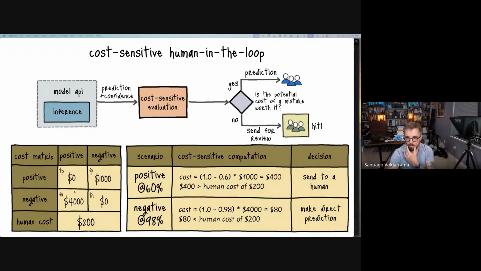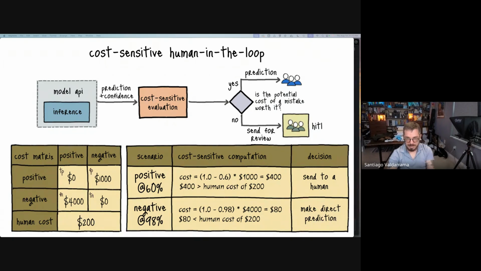So with this information, now in a simple binary classifier, I can use this information to make better decisions. What does that look like? Imagine that we have a model that needs to detect whether the part is about to break or not. Let's say it makes a prediction that the part is going to break with 60% confidence, okay?